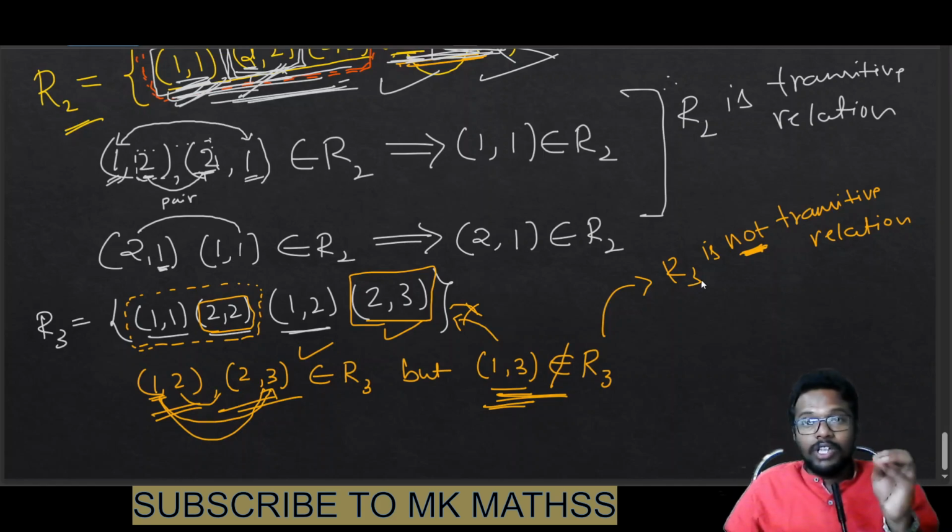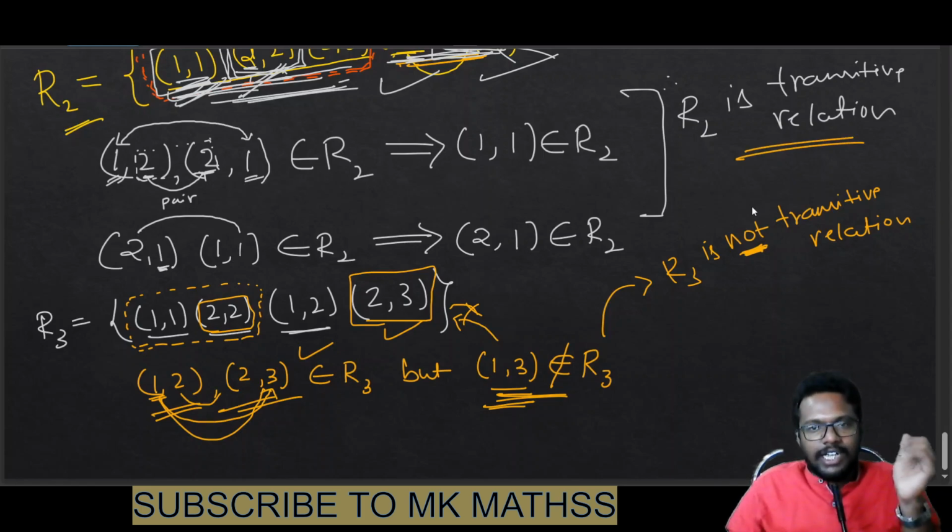We have to verify that definition for each and every ordered pair. If after verifying each and every ordered pair, every ordered pair satisfies the definition of transitive relation, then definitely we can conclude that it is a transitive relation.